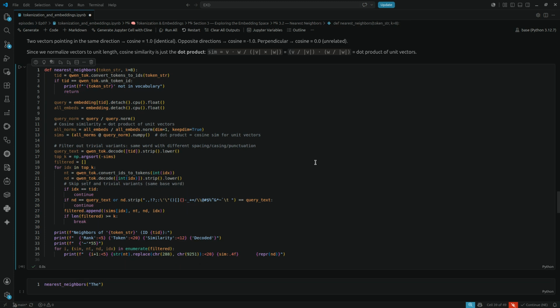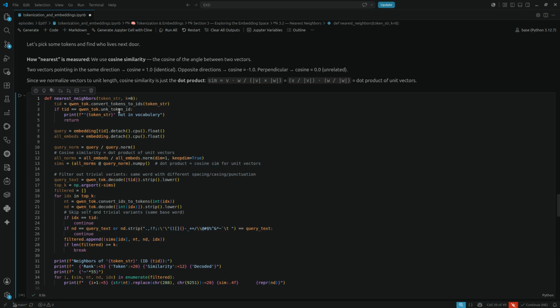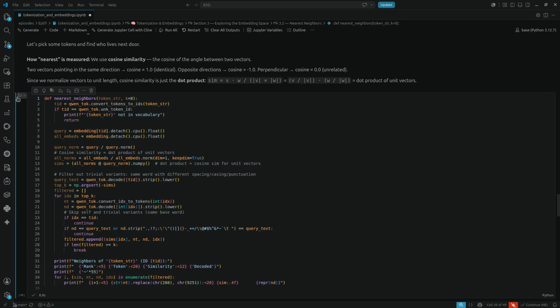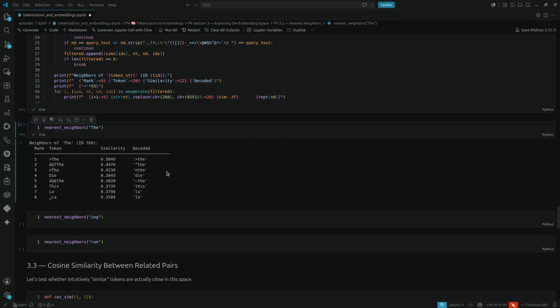Take a look. Okay, so this defines the function that we're going to run, and then runs it. So we're finding all the neighbors of the term "the" here. And this is really interesting, very cool.